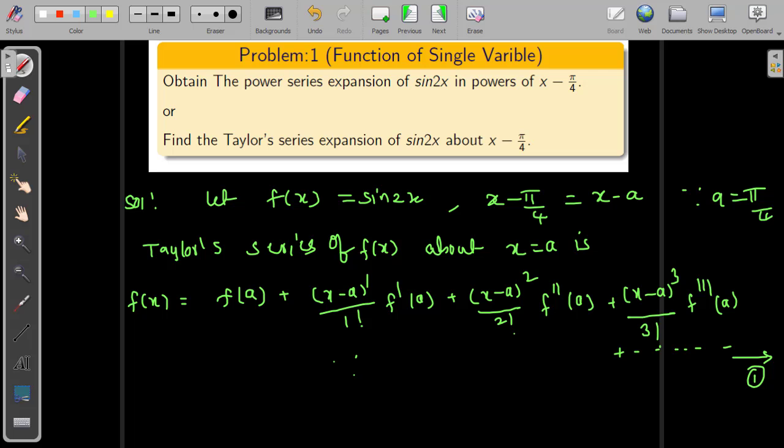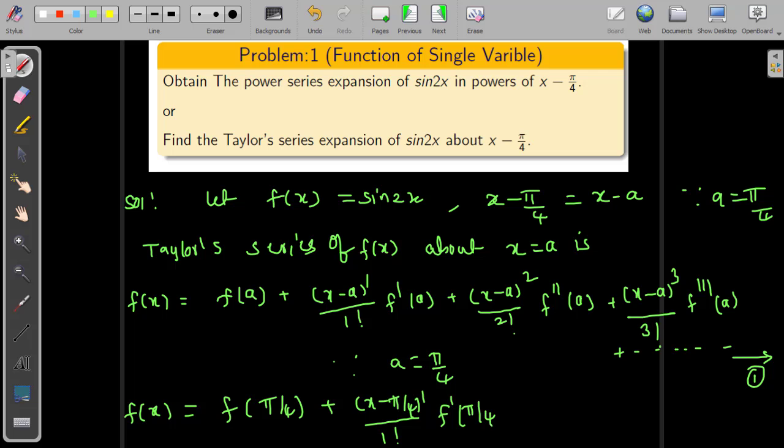Now since we know that a equal to pi by 4, f of x equals f of pi by 4 plus x minus pi by 4 power 1 by 1 factorial times f dash of pi by 4, plus x minus pi by 4 whole square divided by 2 factorial times f double dash of pi by 4, plus again so on.